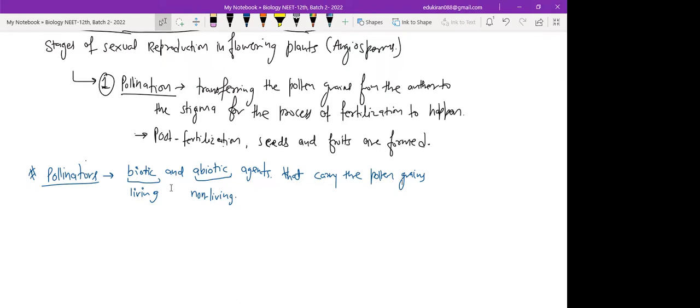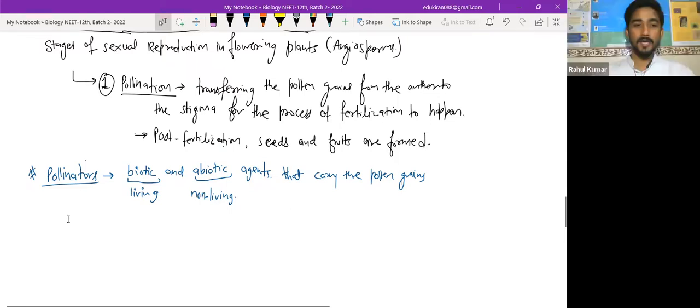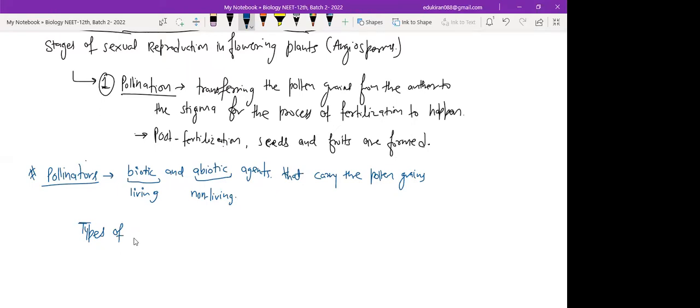Okay. Now let's come to types of pollination. Can you tell me what could be the different types of pollination according to you? Like they can be cross pollination, and if it is happening in the same plant, it can be, what we call it, interpollination.